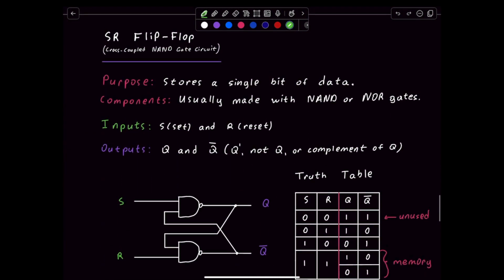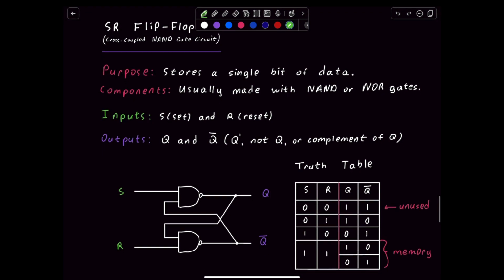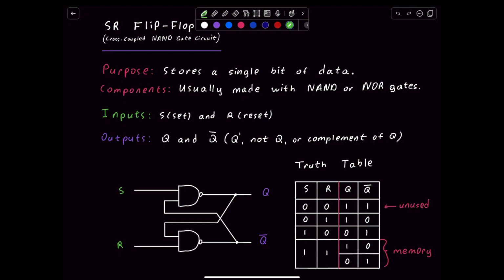Let's talk about the SR flip-flop. All right, so we know that the purpose of this circuit is to store a single bit of data. The components used to make it are usually NAND or NOR gates. So currently we have two NAND gates, because this is the cross-coupled NAND gate. That is just a type of SR flip-flop.